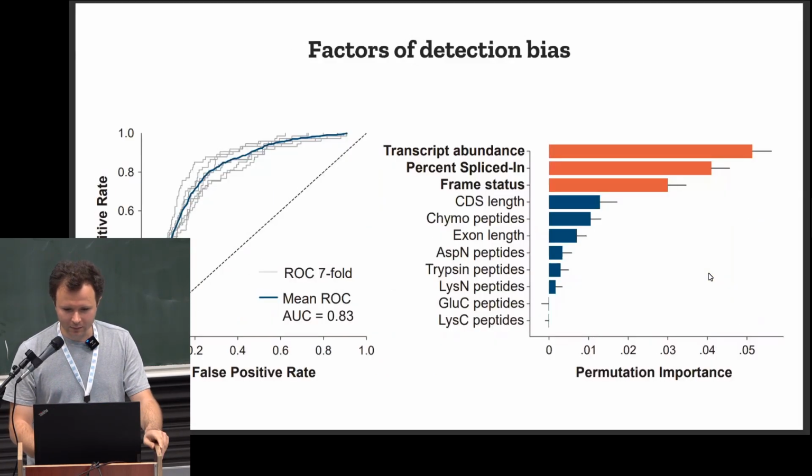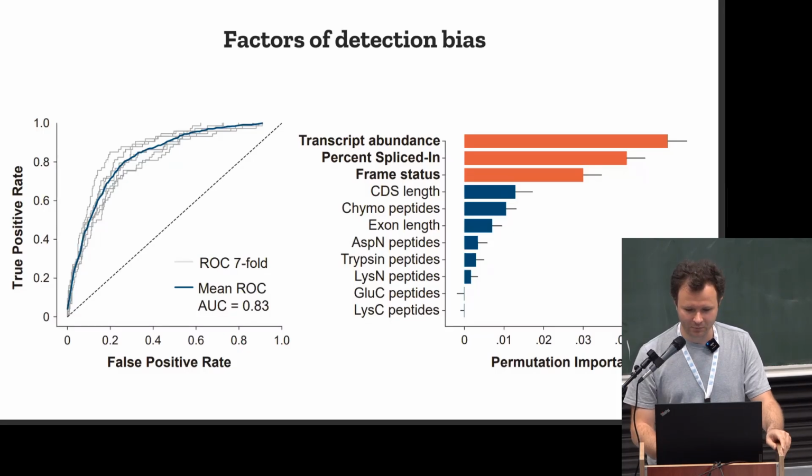But at the end of the day, we decided to find out which factors impact our capability to detect both alternative splicing using proteomics versus non-detected alternative splicing.